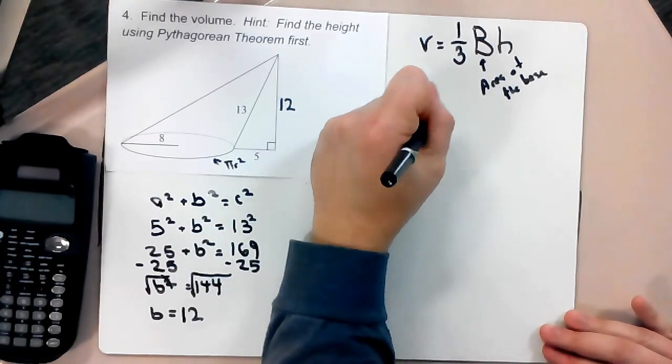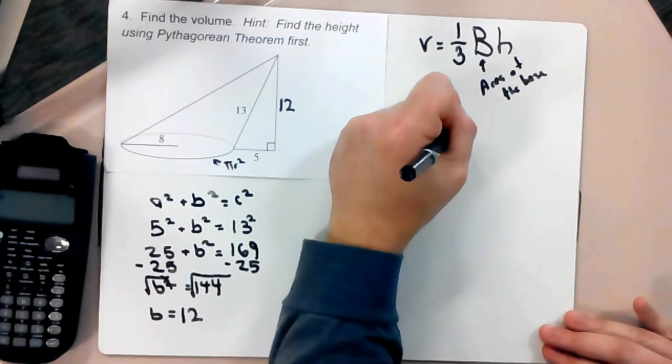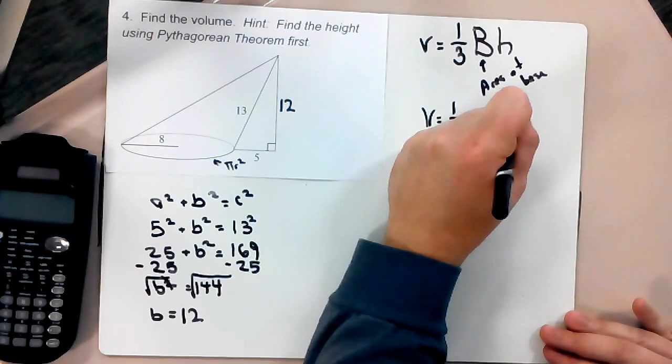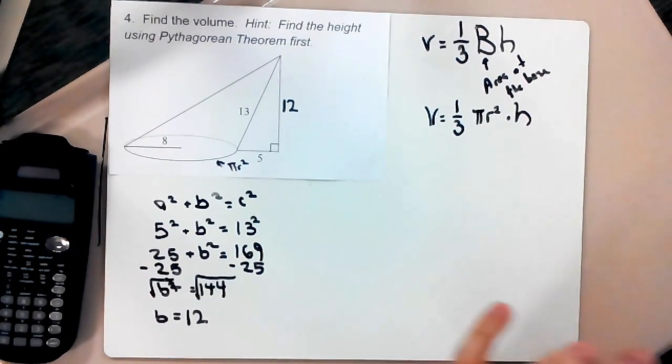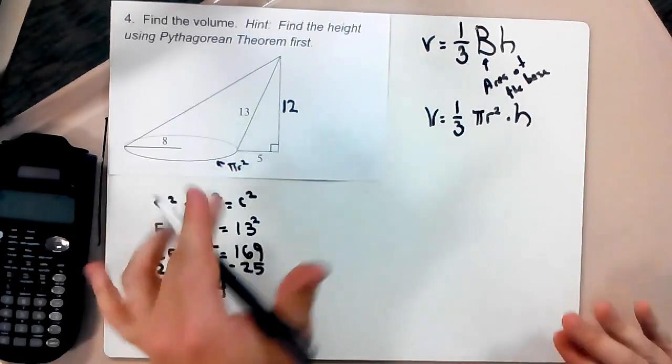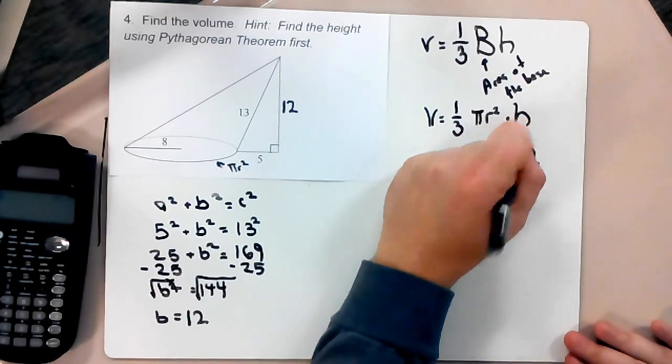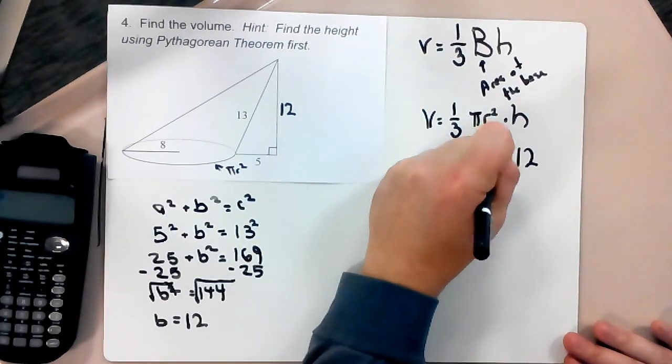I'm going to plug that in. V equals 1/3 pi r squared times h. Now I can plug in my information. My height is 12. The radius of the base is 8.